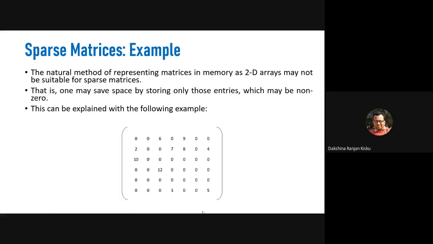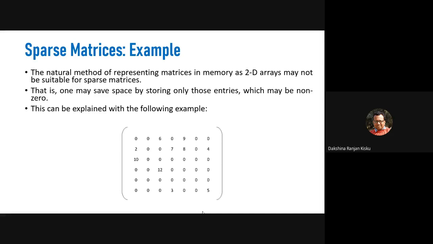A sparse matrix can be represented by an ordered collection of non-zero entries only.